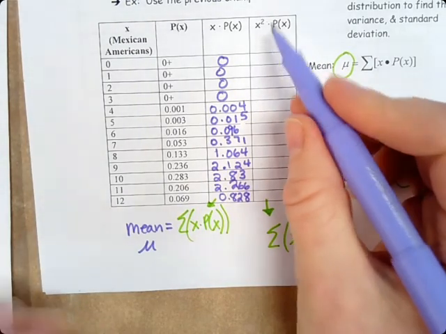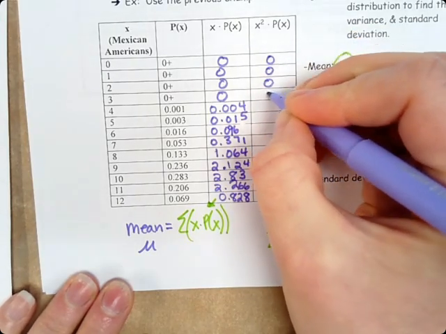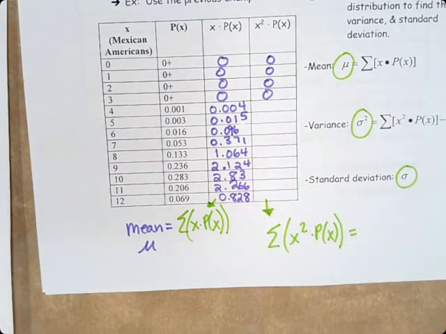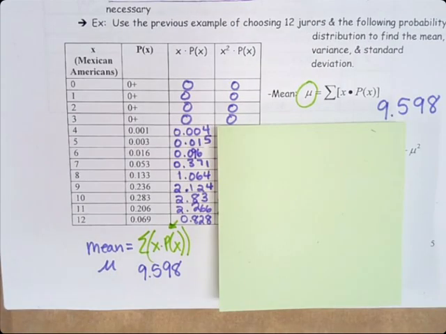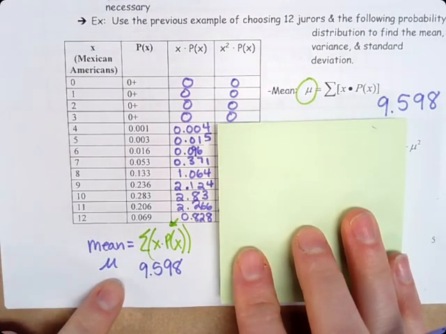And then you're going to do x squared times p of x, and then find the summation of that. I'm going to pause it and let y'all go ahead and do those calculations. So the mean comes out to 9.598.